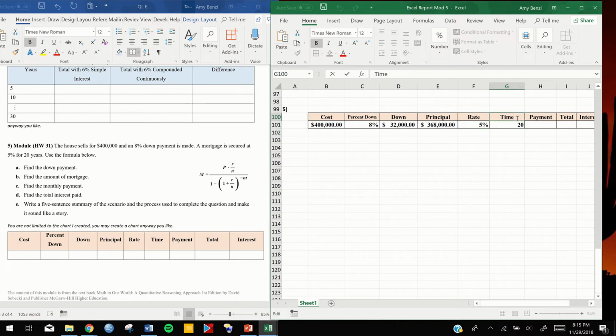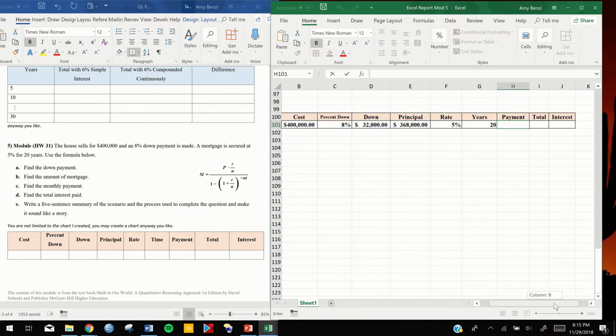And I'm going to go ahead and label this time in years, or I could even just label it years if I want to. All right, and then what about a payment? The payment, okay, here's the fun part. This is the one why I have to do this problem with you guys. The monthly payment is using this lovely formula. Does everybody see this lovely formula?